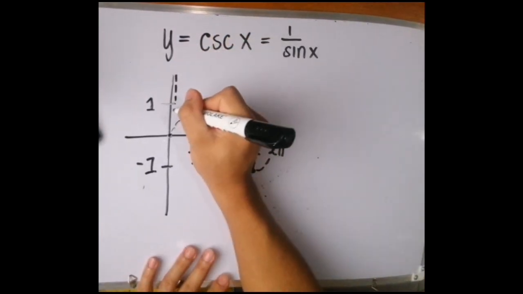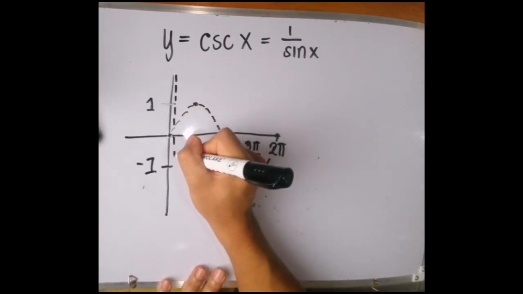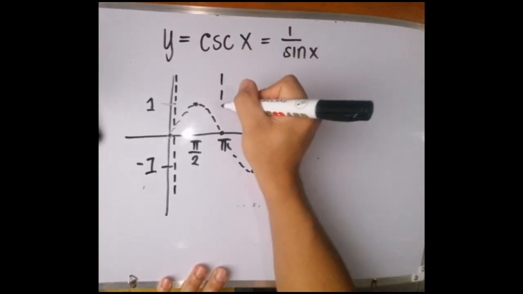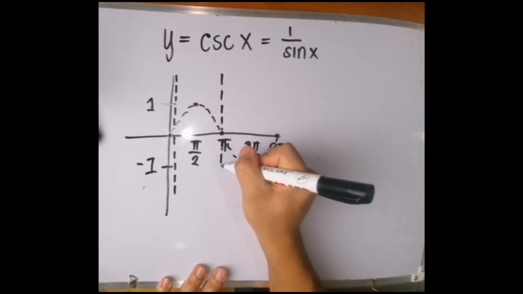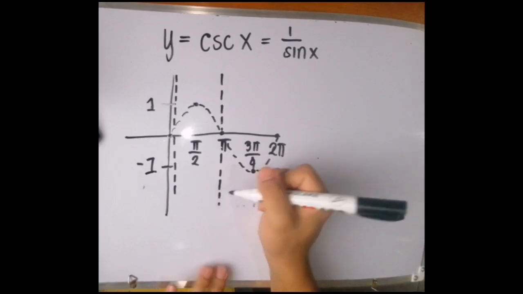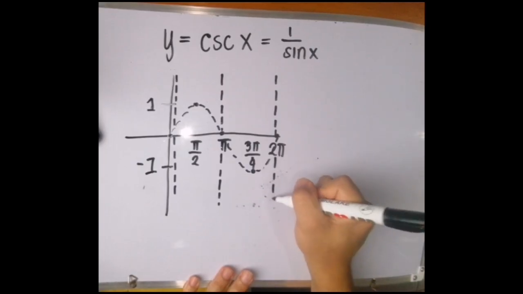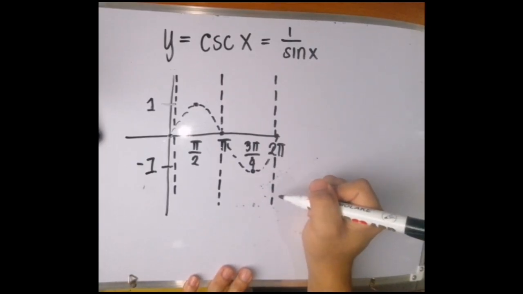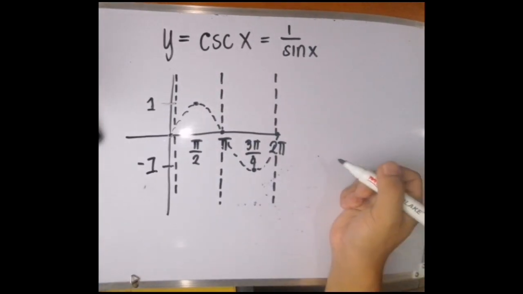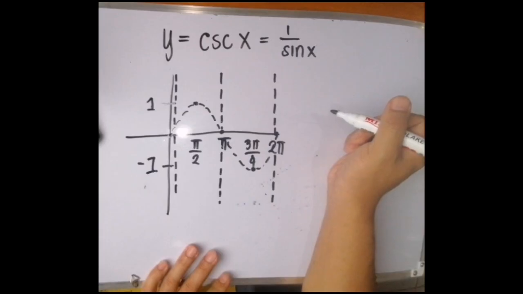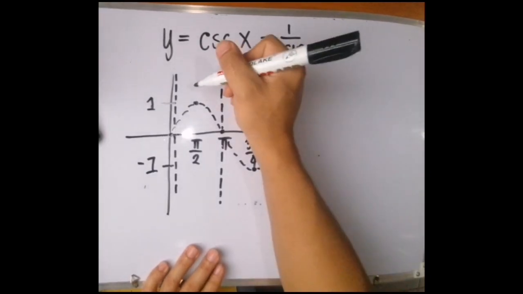So here, vertical asymptote. At this point, we graph the cosecant function. Cosecant shares the same value as sine at the highest point and at the lowest point. So all we need to do is draw the reflection.